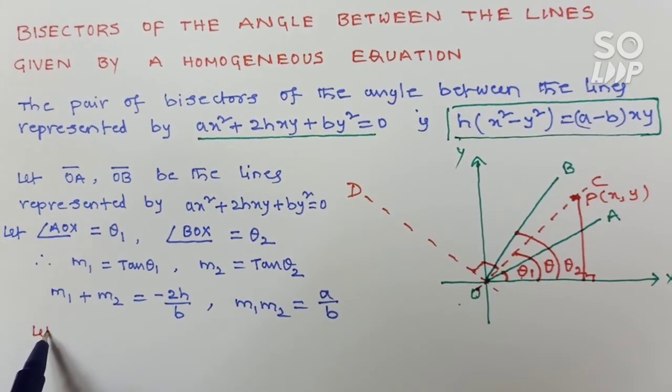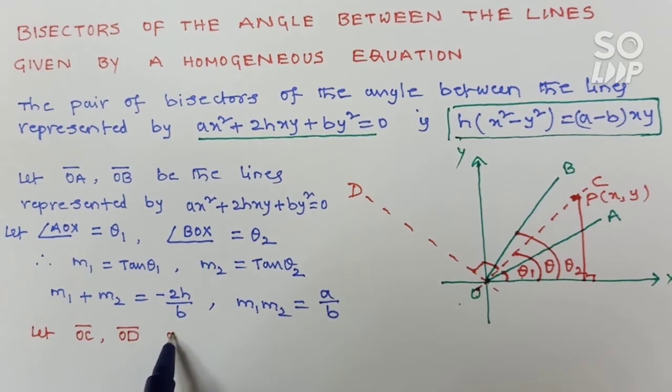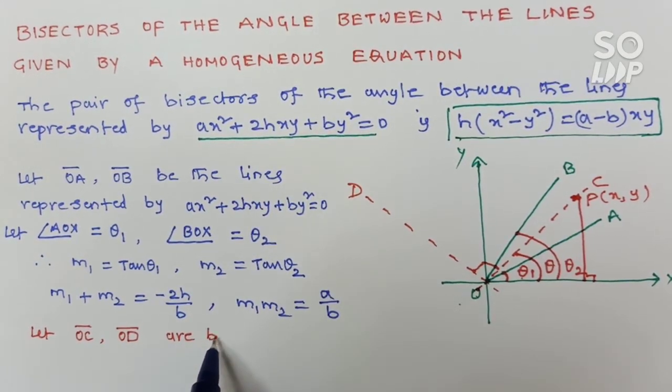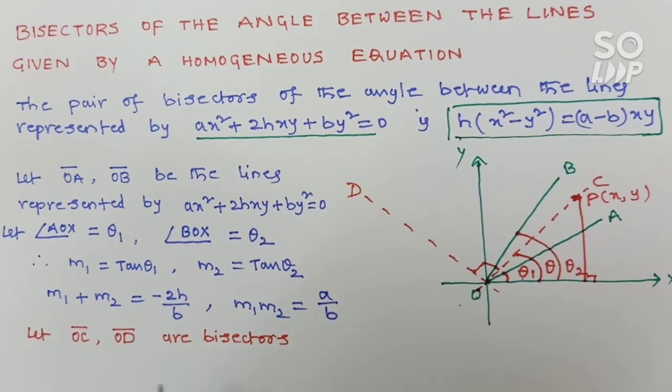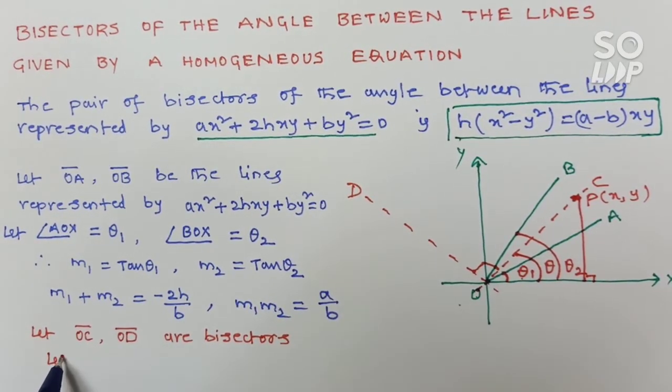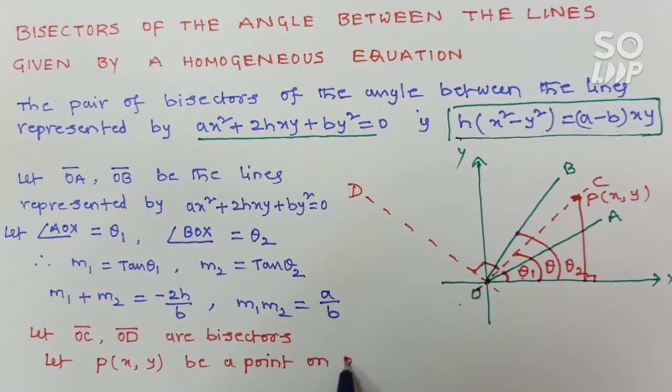Let OC, OD are bisectors, right? So here let P equals x comma y be a point on OC.